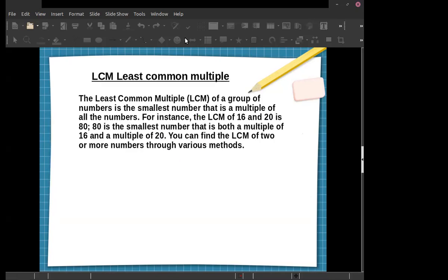So now, who can explain to me, so you understand, what is the meaning of LCM? Did you study LCM already, right? Third, did you study LCM already? Third, you can write on the monitor, yes or no?